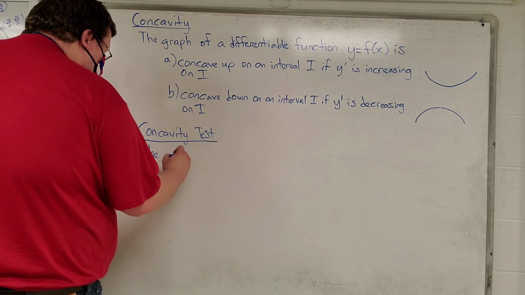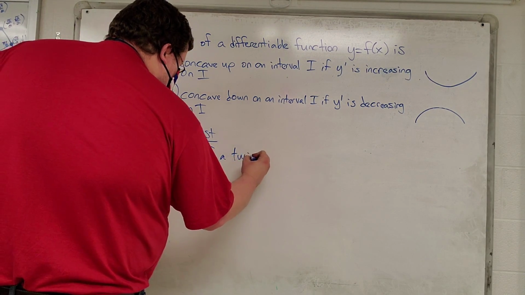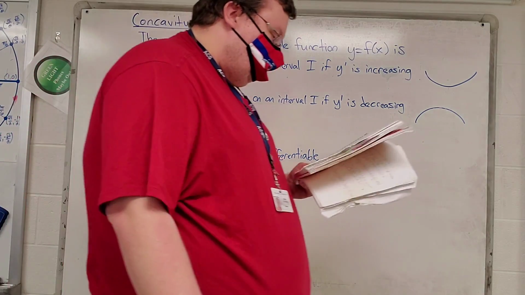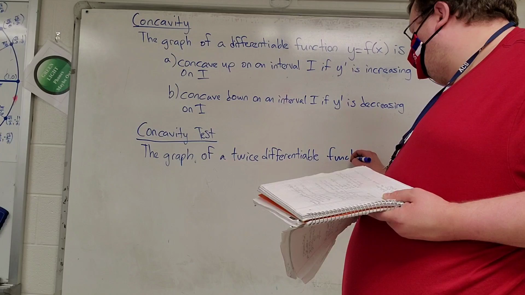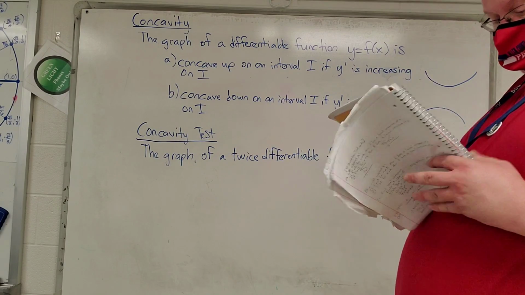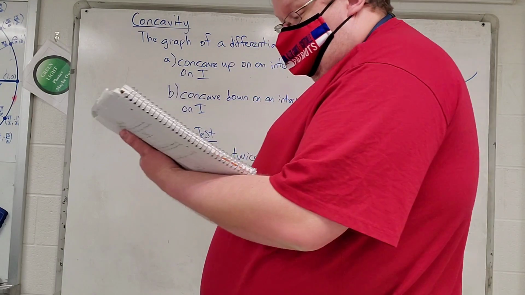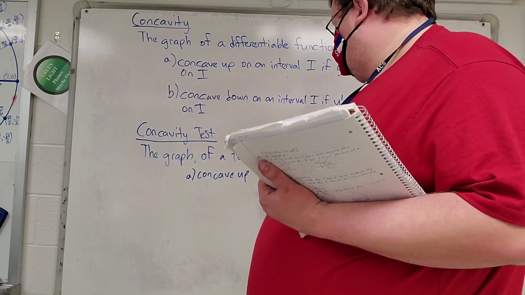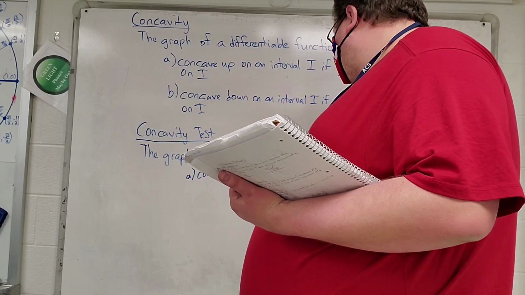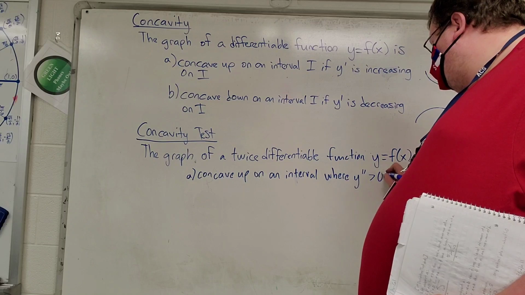The graph of a twice differentiable function y equals f of x is concave up on an interval where y double prime is greater than 0.